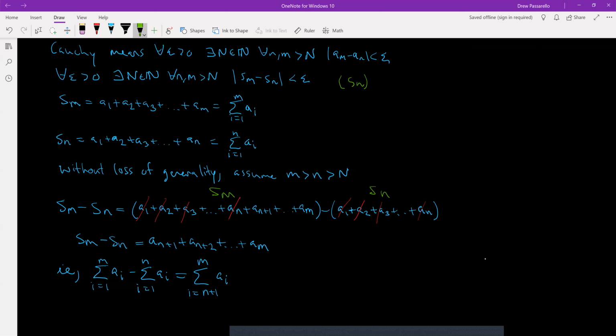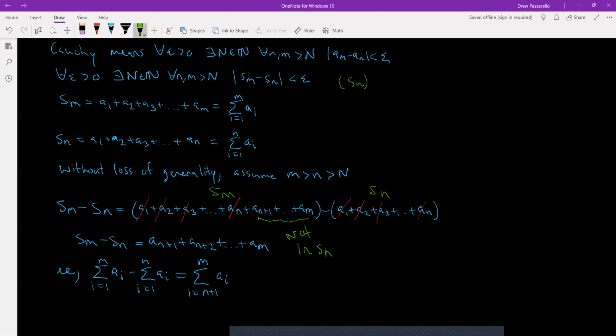Since m is bigger than n, there's some cutoff, some point where I have these values that are not in Sn, because these all have indices bigger than n. Sm consists of Sn plus some finite number of terms beyond that, so when you subtract out Sn, that leaves you just with the terms a(n+1) plus a(n+2) up to plus am.